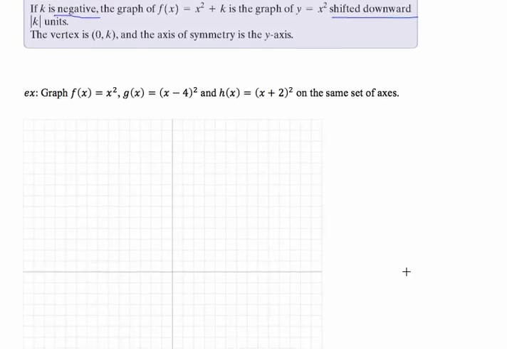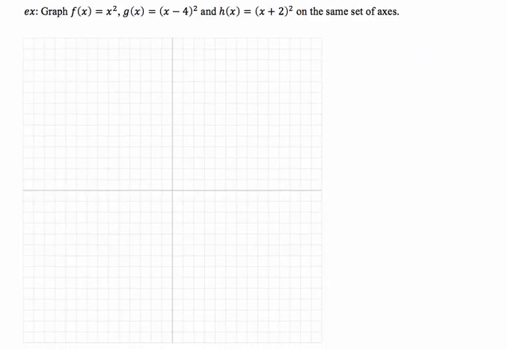Next, let's graph these three functions. Again, we'll start with the basic f of x equals x squared. Now, what these graphs are going to look like, g of x and h of x, it's a little less intuitive here actually.